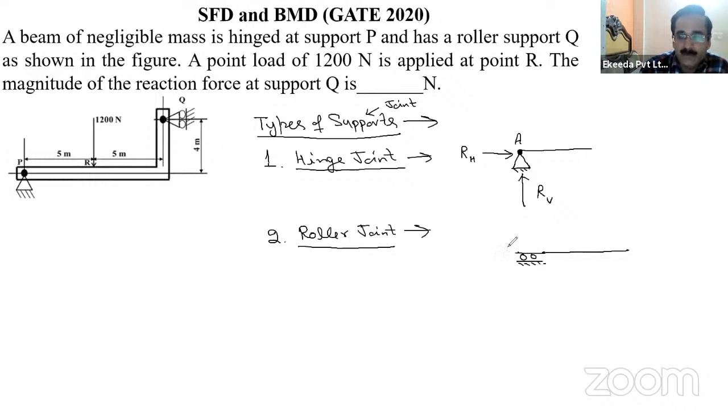So it is not causing a horizontal reaction. It is causing only the vertical reaction, because it allows rotation in the clockwise or anti-clockwise direction and movement in the horizontal direction.